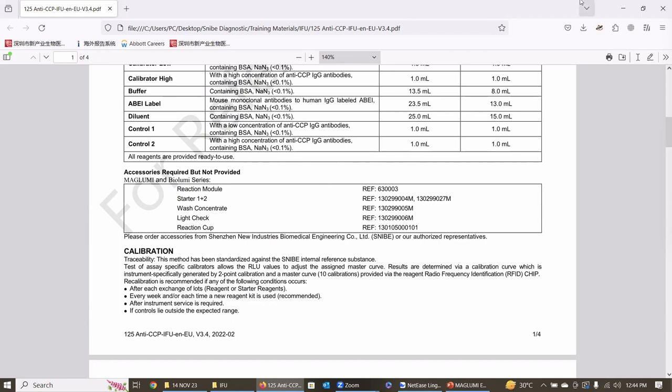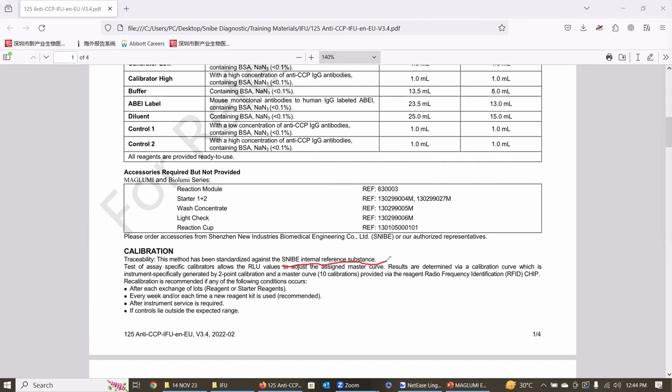Okay, so this method is standardized against the internal reference substance because, according to the Rheumatoid Arthritis Association or IFCC, there is no global WHO standard reference material guideline for the anti-CCP assay standardization.